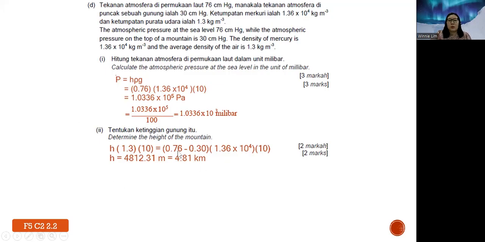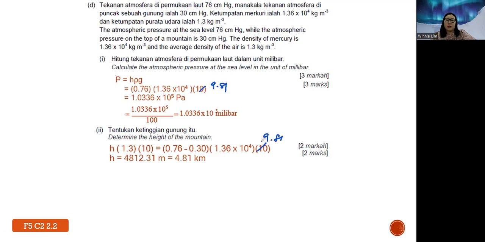So that's why you use 0.76 minus 0.3. This difference in pressure equals H rho G. And for the rho here, be careful, because the density they use for the mountain is air, not mercury. So you have 1.3, times, okay, both sides you use 9.81. By right, to be more accurate, you are supposed to use 9.81 on both sides.